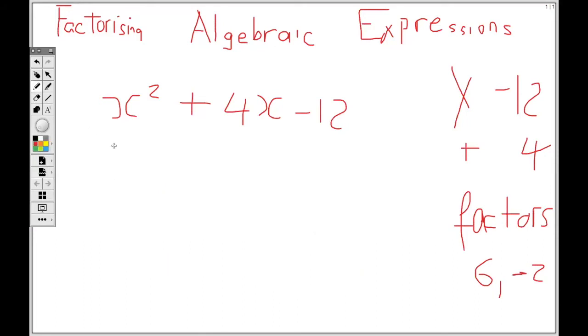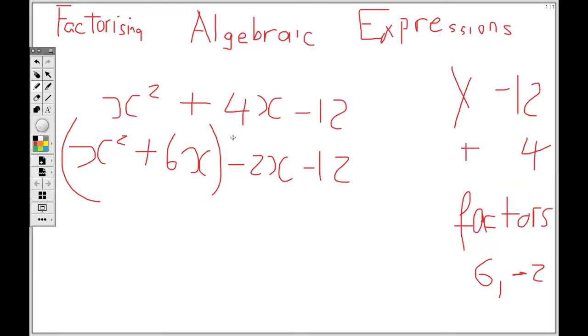So doing this, we are going to substitute the center with the factors that we have here. So we have x squared plus 6x minus 2x minus 12. Now grouping, again, we look at the first bracket.